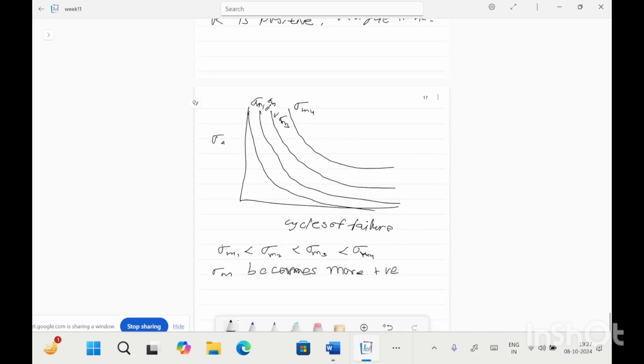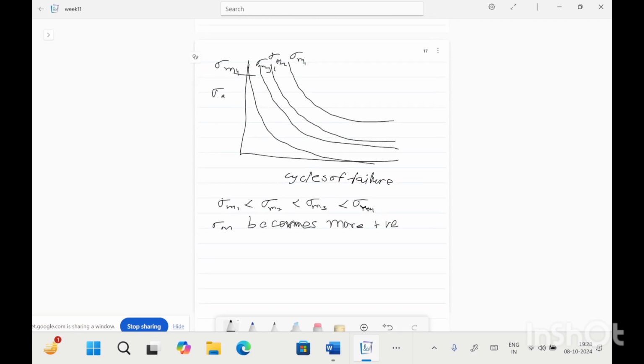Now this is sigma m1, sigma m2, sigma m3, and this is for sigma m4.